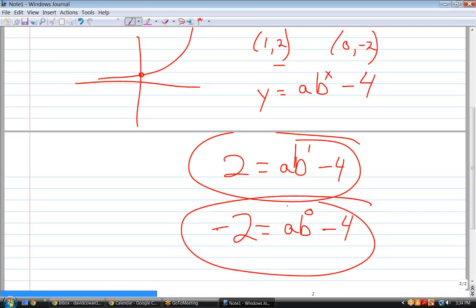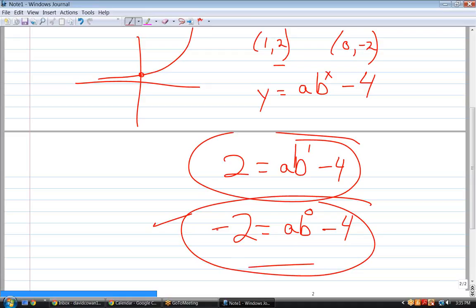Normally when we have two equations and two unknowns, we can solve by treating them as simultaneous equations. But in this case, this equation always gives us the solution for a, because any variable to the 0th power is 1. So I can figure out what a is based on that equation alone.